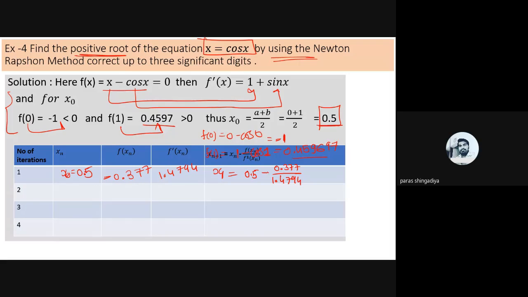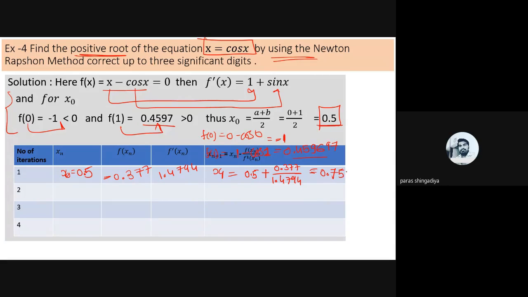So just mention positive in between them and check this output. So 0.5 plus 0.377 divided by 1.4794.